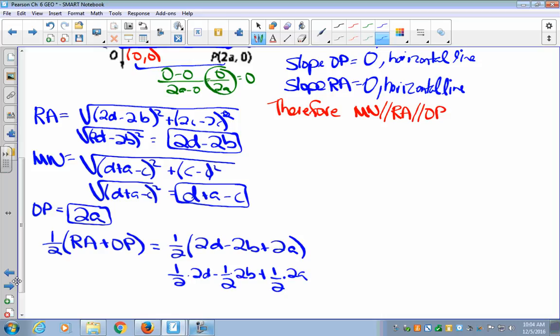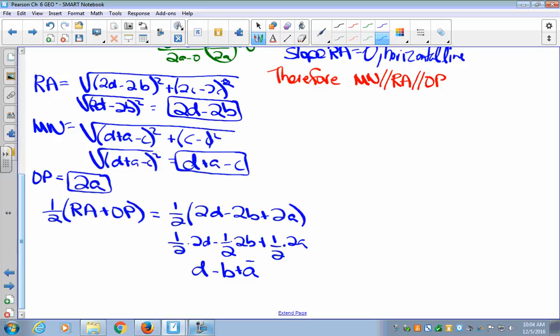So half of 2d is just d, minus half of 2b, which is b, plus half of 2a, which is a. So we want to take a peek. Do these match up? This is MN, and this is 1/2 of RA plus OP.